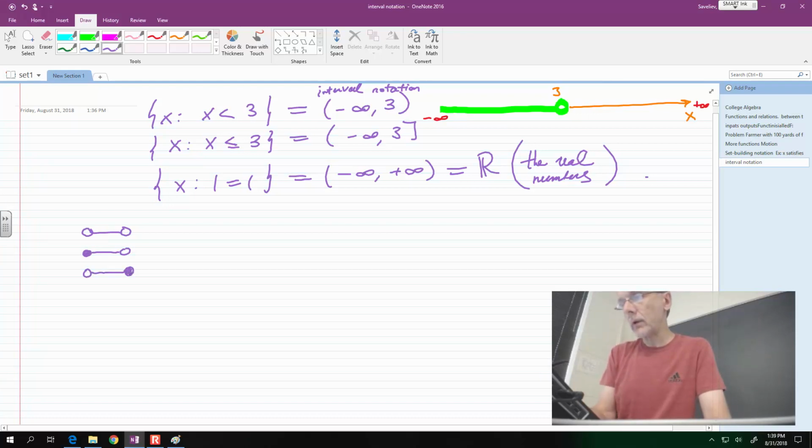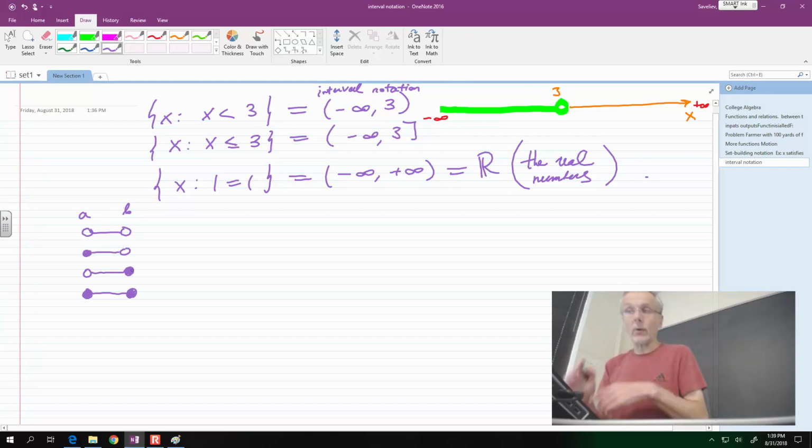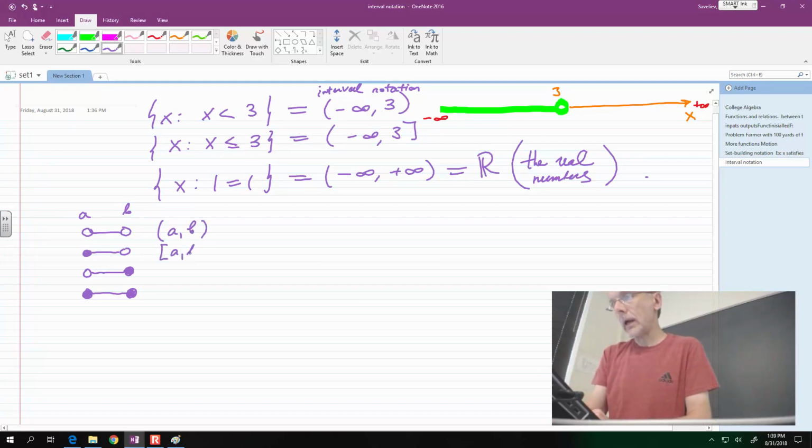An interval, say, from A to B. So this time, neither A nor B is infinity, which means that we could include or exclude arbitrarily. Okay, so the notation will be A, B with parentheses, A included, B excluded, A excluded, B included, and both of them are included.